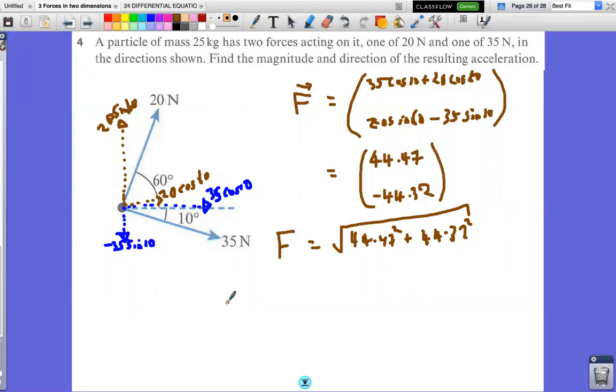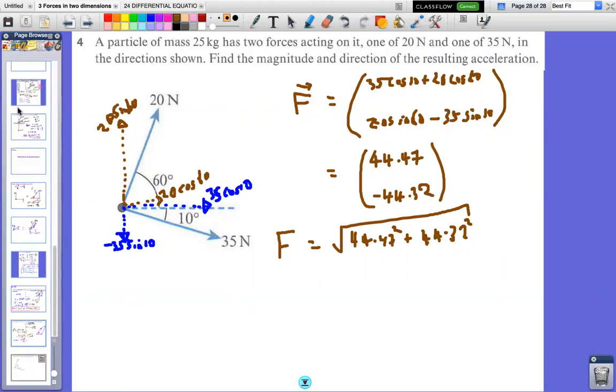And the direction, so it's always good to make a sketch of your problem. What we have here is showing that our force is going to be something like this, 44 and negative 44. So our force is something like this.